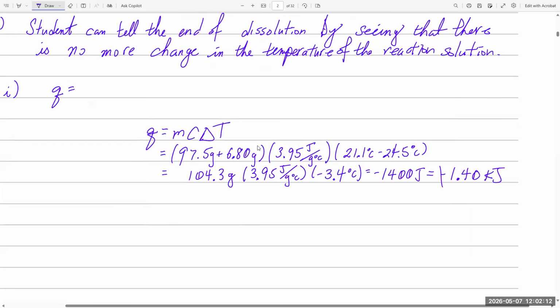So what I could do is write down that since they asked for the magnitude of thermal energy transferred during the dissolution, and they're asking how much is transferred, I would say 1.4 kilojoules of energy is transferred.